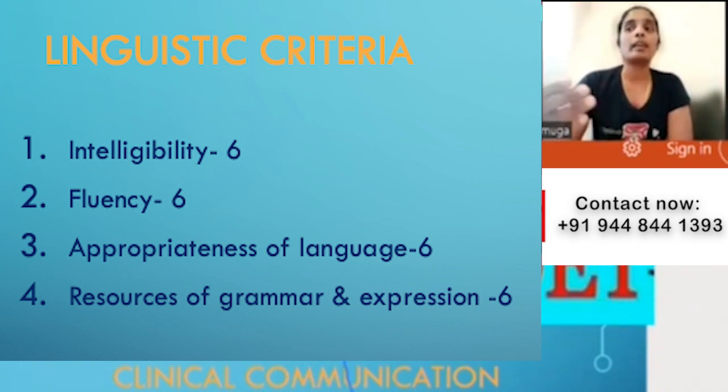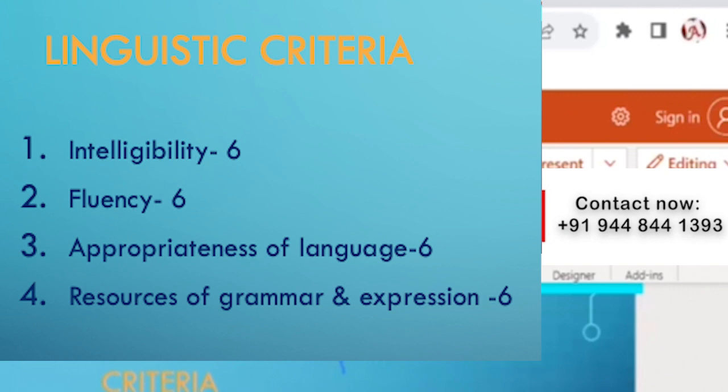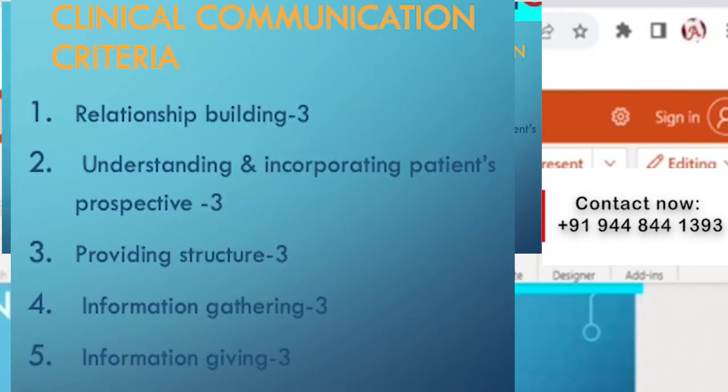But if you are preparing and don't have enough time, you can focus on the clinical communication criteria, because it is really helpful, and it is easily developed by you because it is profession-based. Clinical communication is divided into 5 categories. First is relationship building, second is understanding and incorporating the patient's perspective, third is providing structure, fourth is information gathering, and fifth is information giving.